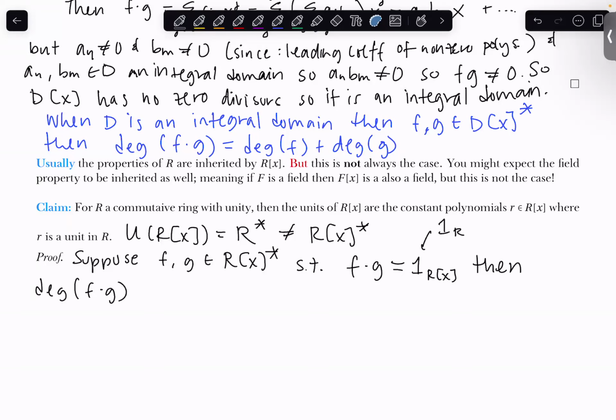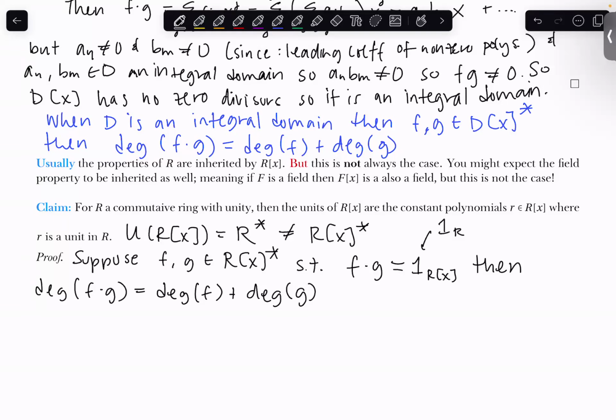So these are non-zero divisors, right? So when I multiply non-zero divisors, I shouldn't get 0 back out here. But I can actually say a little bit more. We can use the proof that we did earlier to show us that we can really add the powers for what the product is equal to here.